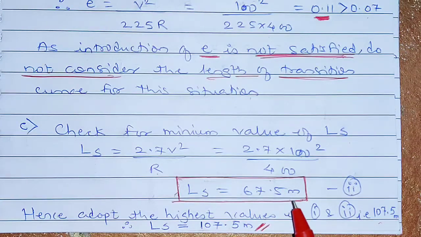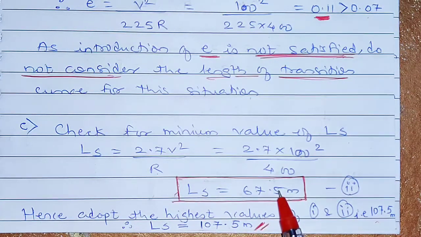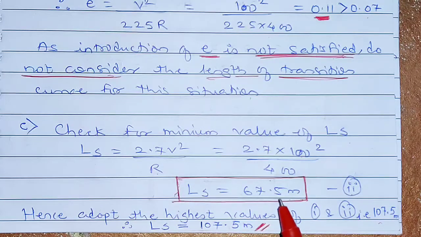Now, we have two lengths of the transition curve, and we have to adopt the greatest value of the given three situations. In our case, we have neglected the length of the transition curve by the rate of introduction of the super elevation E, as the value of E was greater than the permissible rate of change of the super elevation.